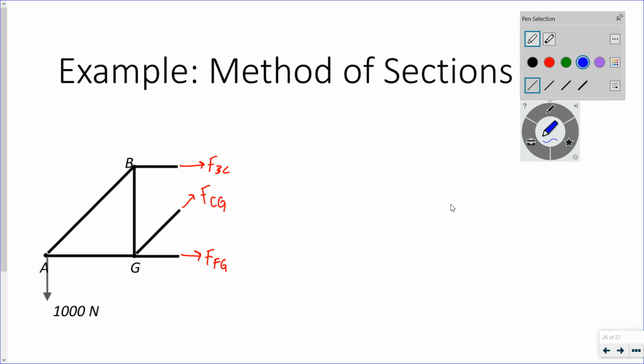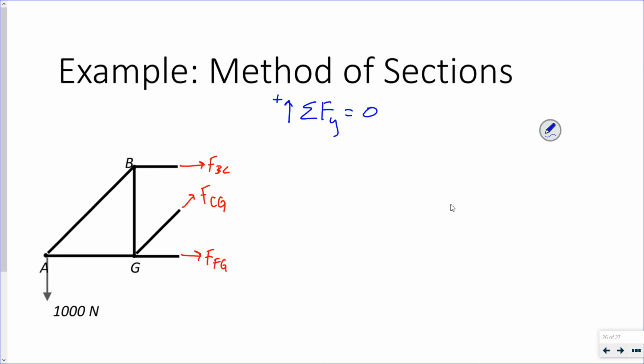So the sum of forces in the y direction is 0. I have negative 1,000 newtons as my point load, plus the y component of member CG.